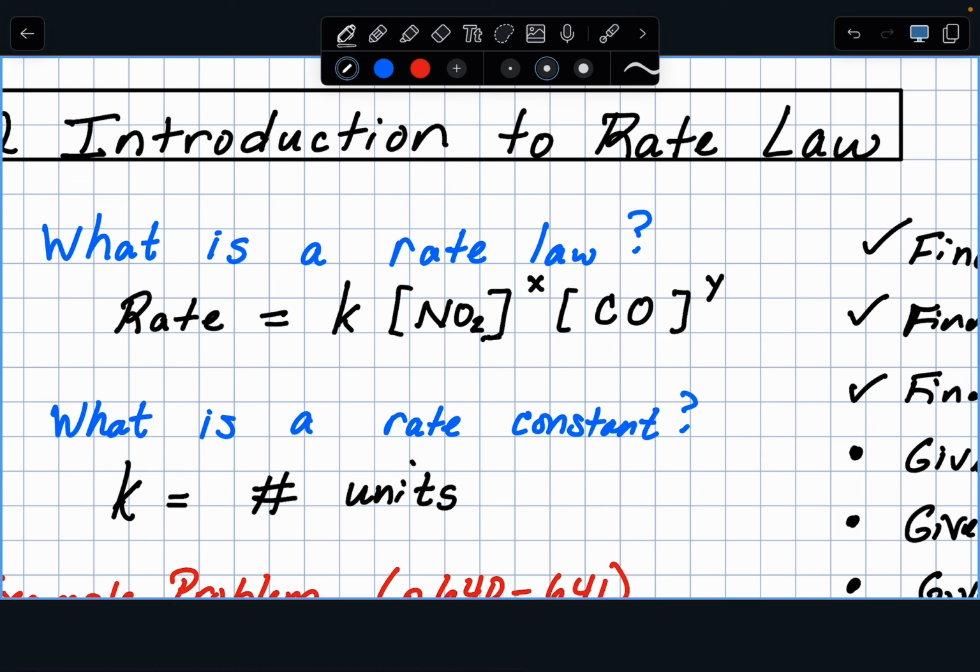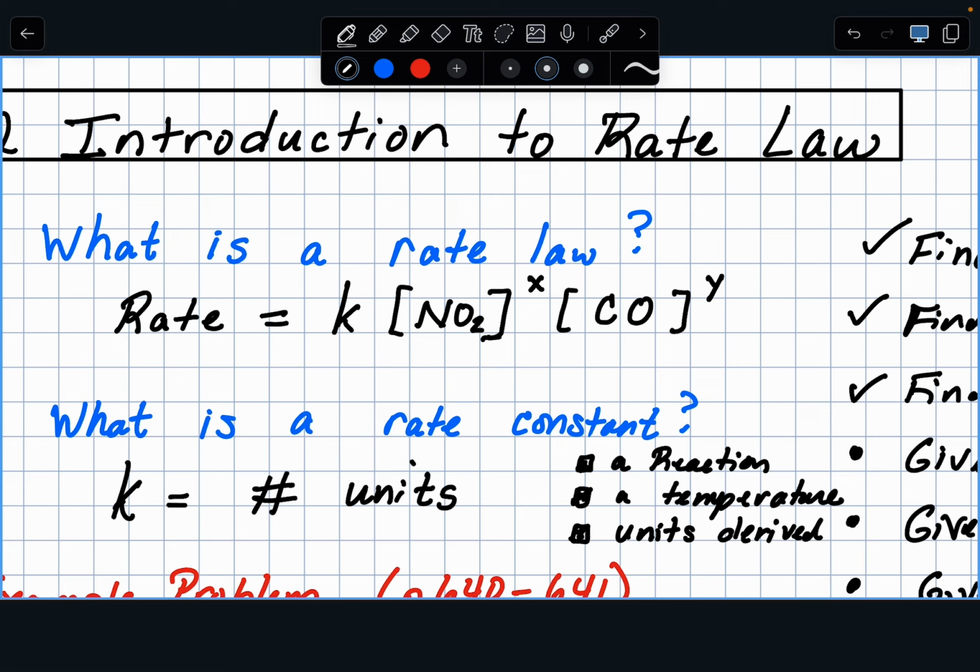I'm going to put a couple little key points. It's only for a reaction, meaning the one that we have right now, at one temperature, and the units have to be what's called derived or solved for.